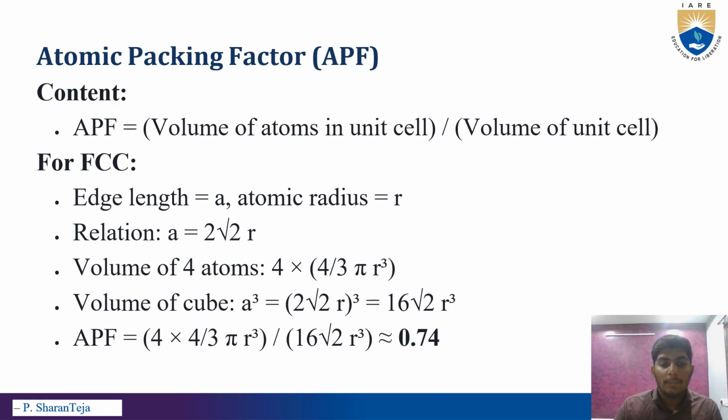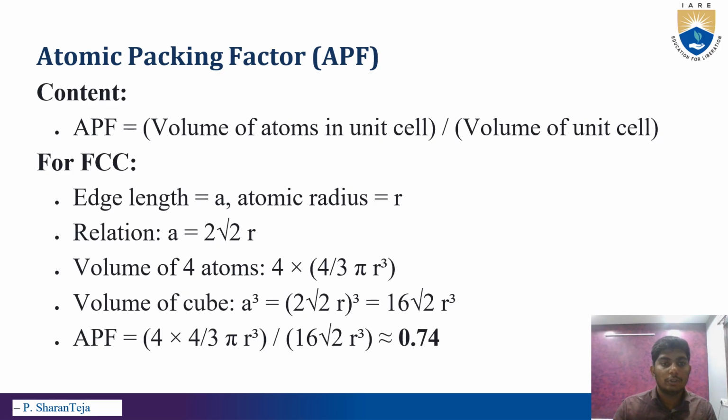So APF is equal to 4 into 4 by 3 pi r cube divided by 16 root 2 r cube, which is equal to 0.74. So 0.74 means 74%, meaning FCC is extremely space efficient. Only hexagonal close packed matches this APF.